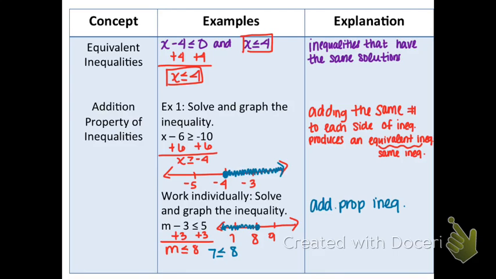And I also used a closed circle because I know that 8 is included in my solution. And that says because 8 is a solution. Okay, let's move on.